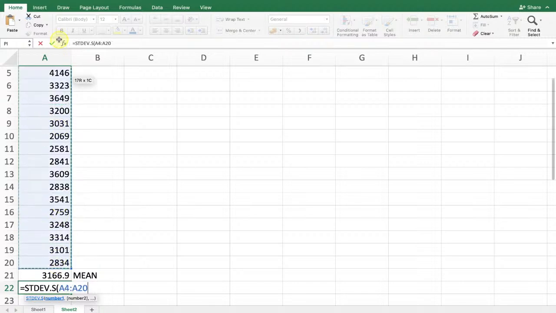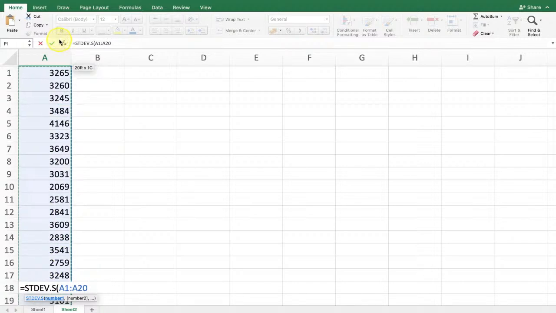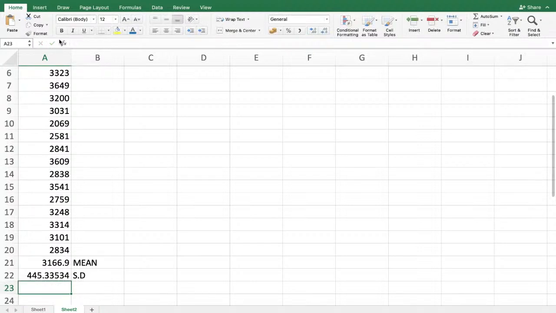Then highlight the scores and close it in a parenthesis. Okay, so the standard deviation is 445.33, and the mean is 3,166.9.